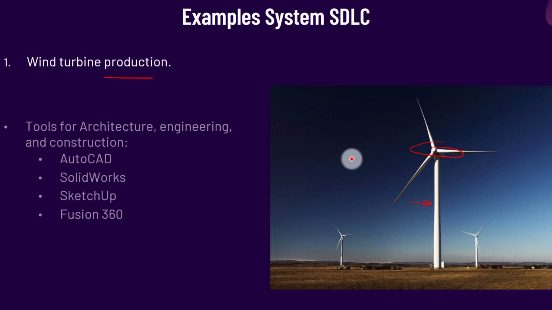Here are some tools that system architects might use in the process, such as AutoCAD, SolidWorks, SketchUp, Fusion 360. These tools are used for architecture, engineering, and construction, indicating how various information systems, both hardware and software, are integrated into the system design process.